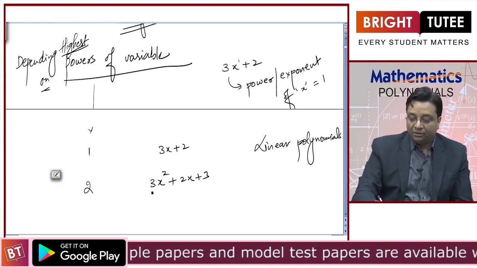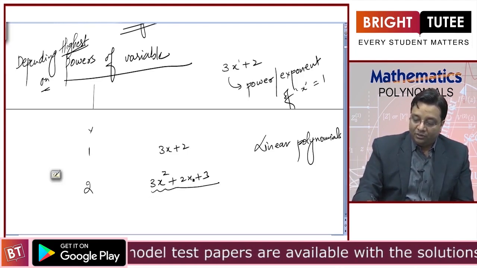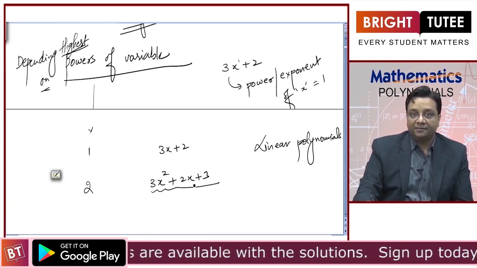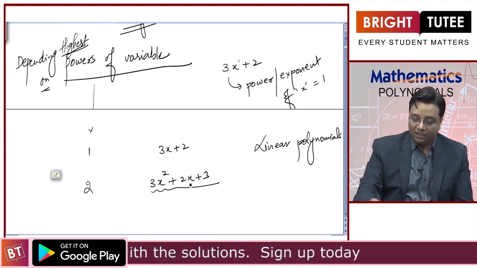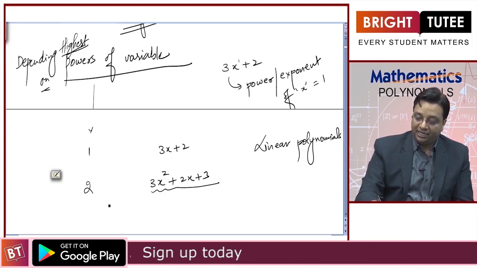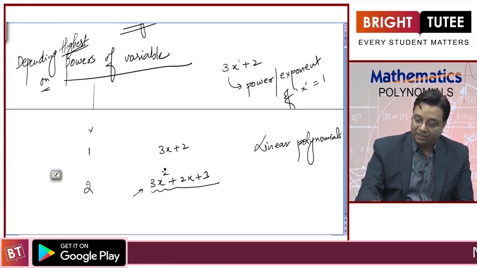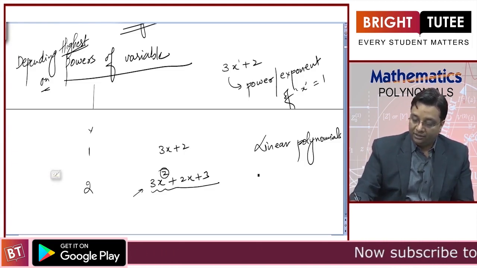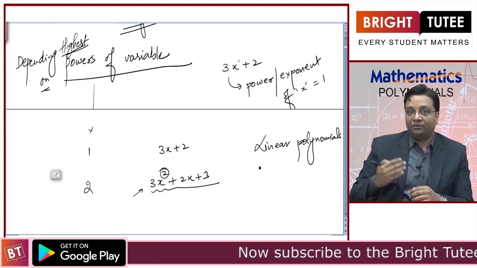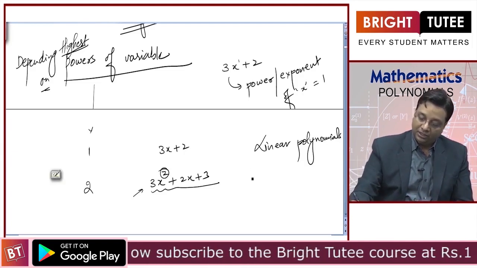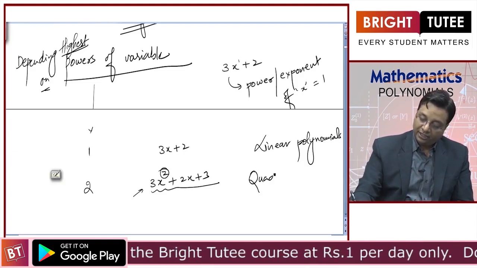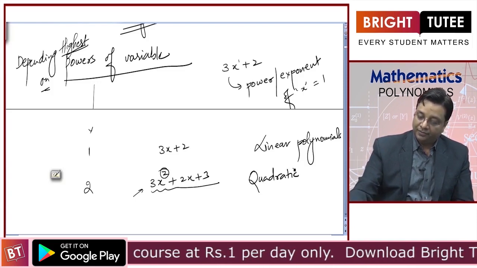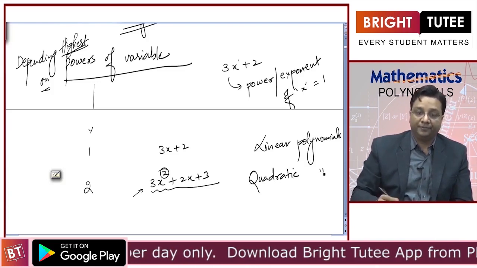Now, in this some of the students may argue that x also has power 1 in this case, so this may be linear. No, we are looking for the highest power. Highest power in this expression is 2. So, when the highest power is 2, we call them quadratic polynomials. This is a quadratic polynomial.